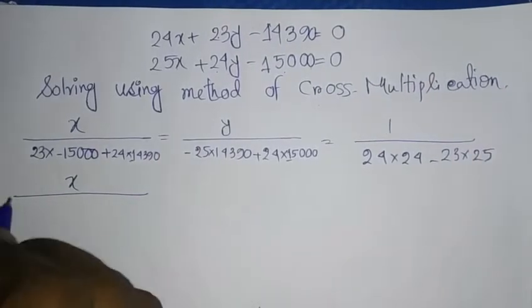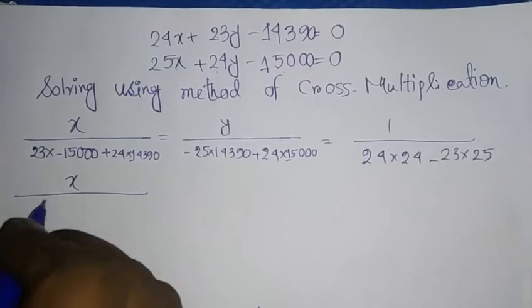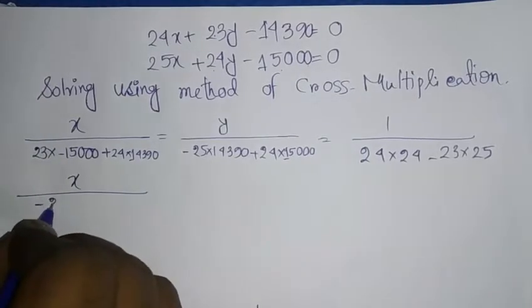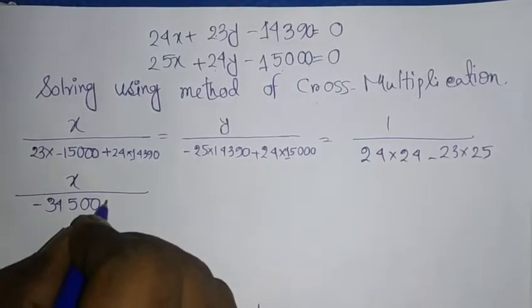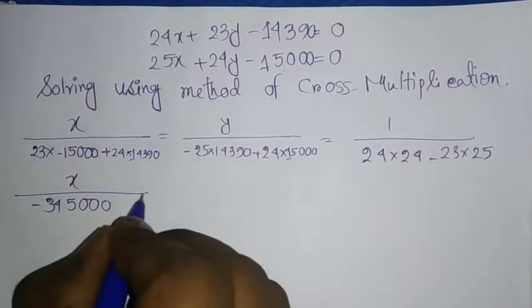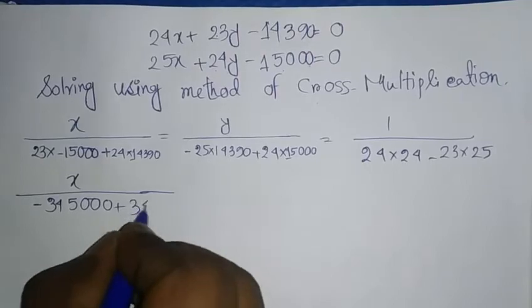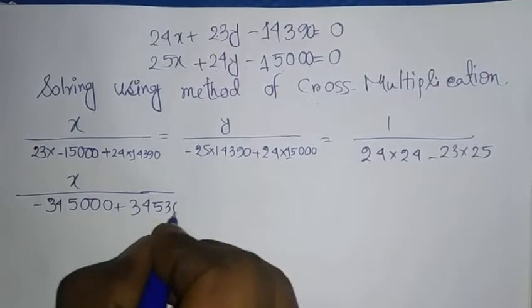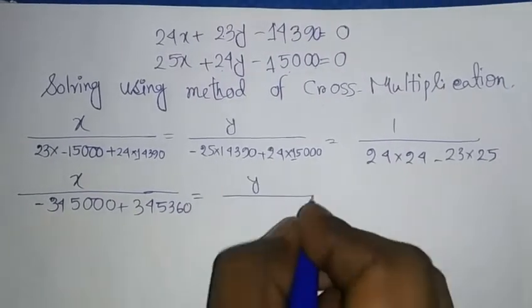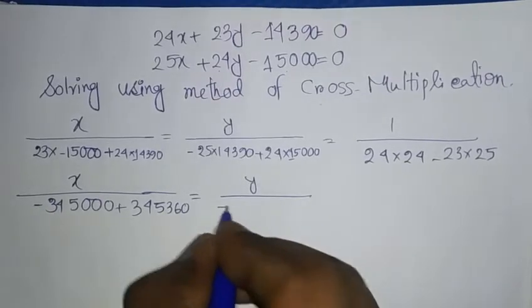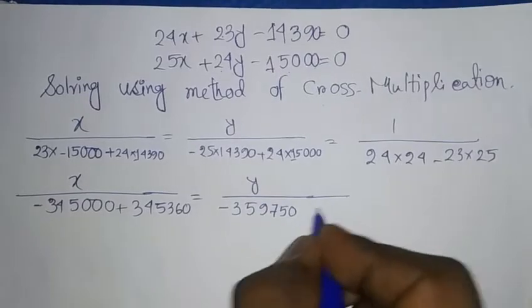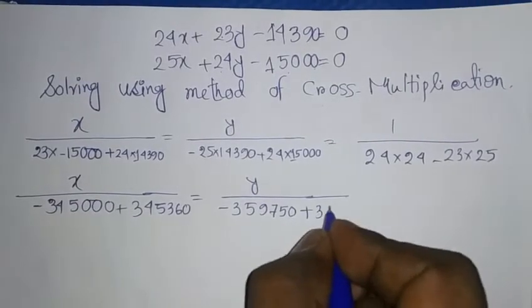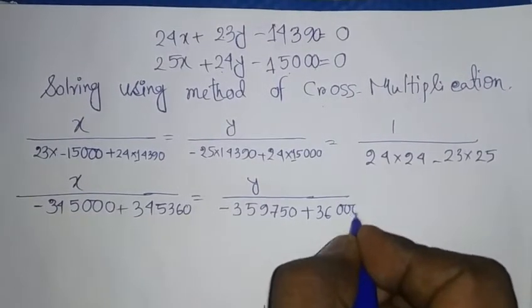Okay, the answer becomes like minus 345,000 in plus 345360. This is equal to y by minus 359750 plus 3640.